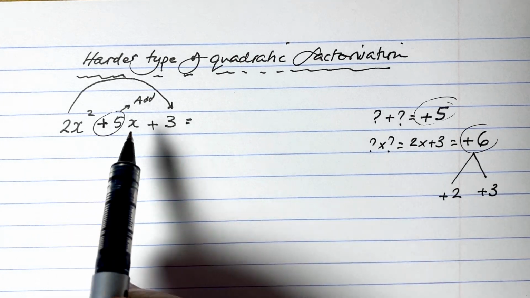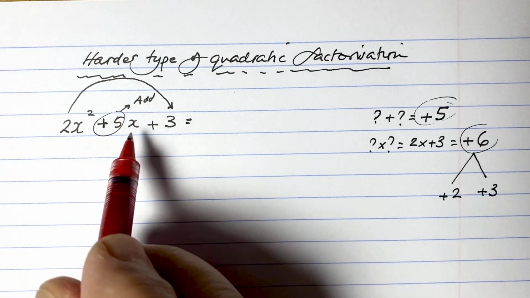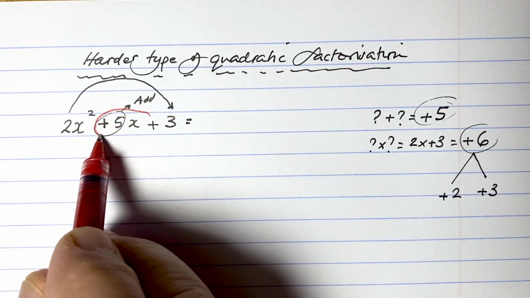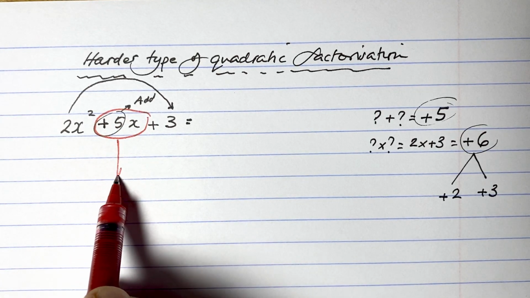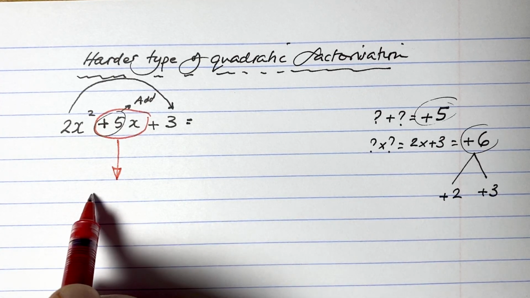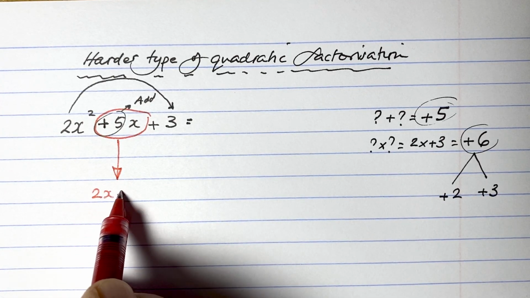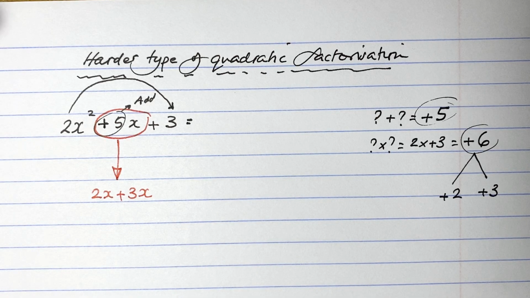Now the book method is to split the x term into those two numbers you just found. So 5x becomes 2x plus 3x. That's the method.